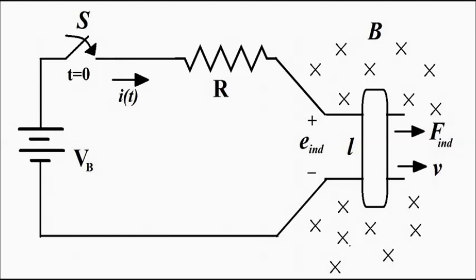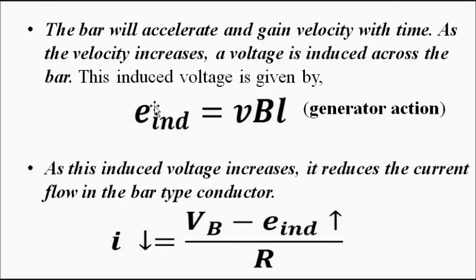As a result of that, a voltage will be induced across the conductor bar. The second statement of Fleming's rule comes into play here: a moving conductor in a magnetic field gets some voltage induced across it. The expression for that induced voltage is given by VBL: velocity, flux density, length.